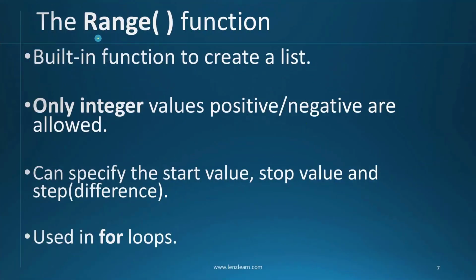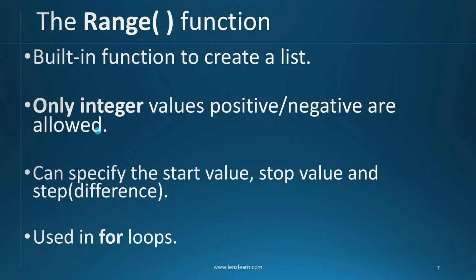So now we will study how to use a range function inside for loop. So this is a built-in function to create a list and then use the values of list so that your for loop can execute it. Right, so range function works only with integers, so you cannot provide any string value to range function. It can work with positive and negative numbers.